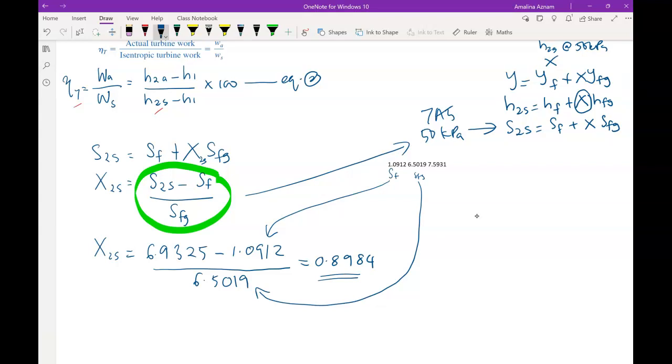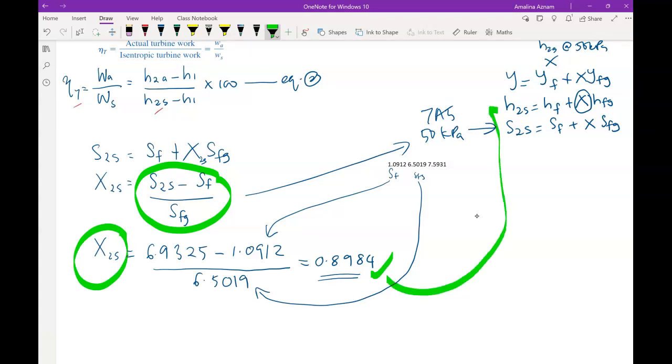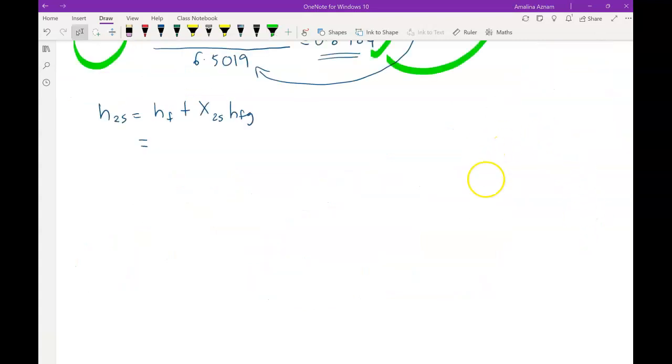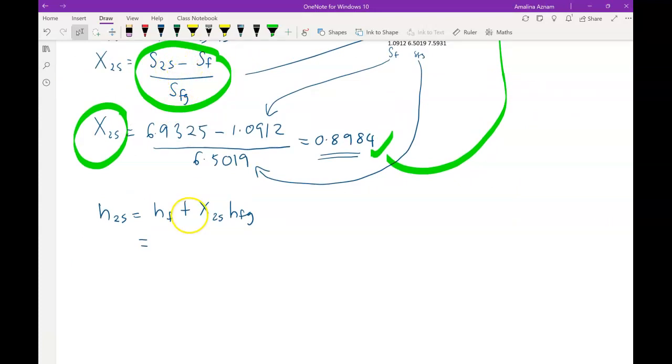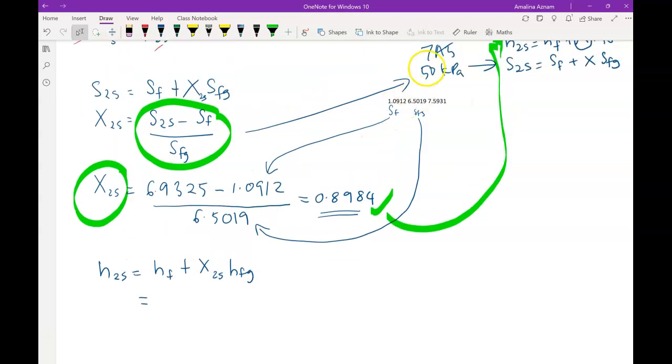And next, what you are going to do is make use of this x value, and substitute it into these equations over here to obtain your h2s. And let us do that. Same goes with your entropy s over here. You will still need to get your hf and hfg at 50 kilopascal, right?